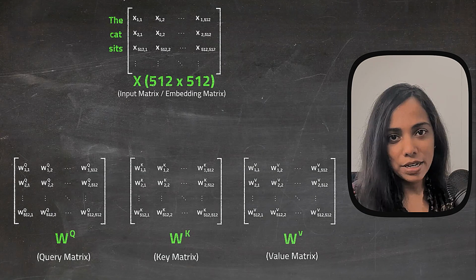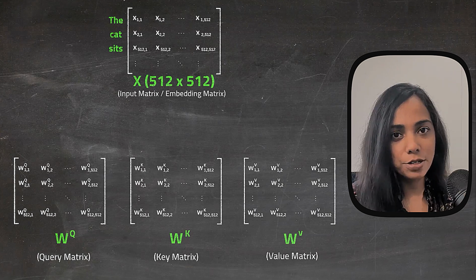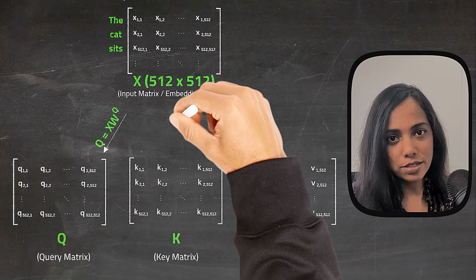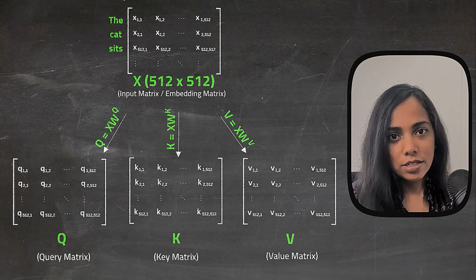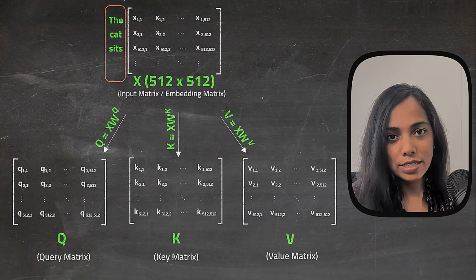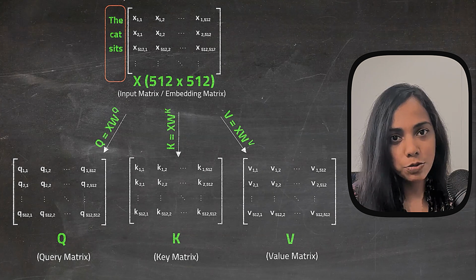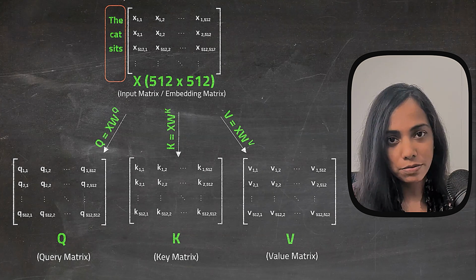For each word embedding of dimension 512, the model generates 3 new vectors, Q, K, and V. Since every input has exactly 512 words, with padding if necessary, the dimension of these matrices for the entire input sequence will always be 512 times 512.